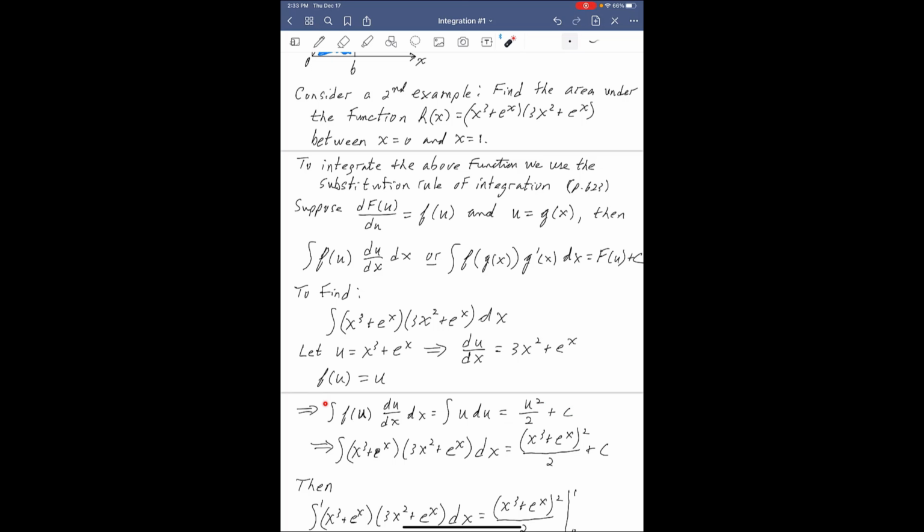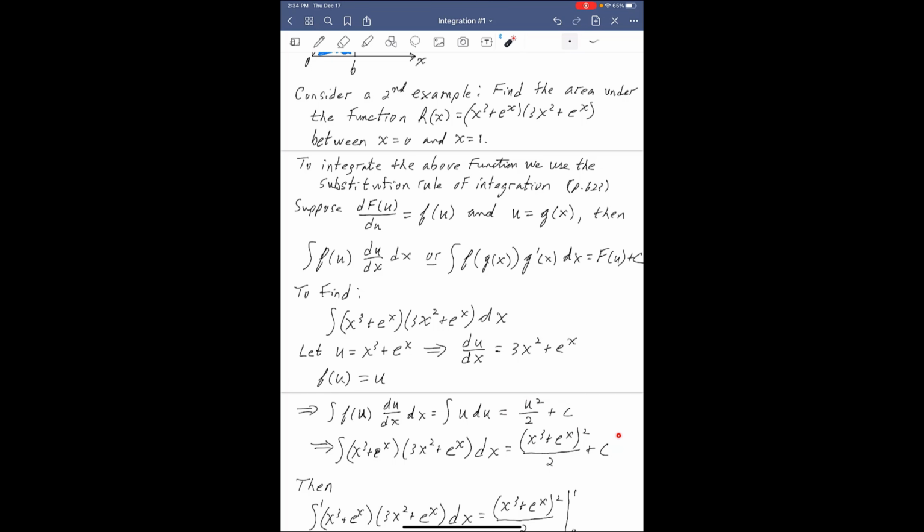Remember, we've got an indefinite integral here, and that then translates into x cubed plus e to the power x, all squared, over 2 plus c. When we integrate that function, we get x cubed plus e of x squared, so this is our u, and this is squared, over 2 plus c.